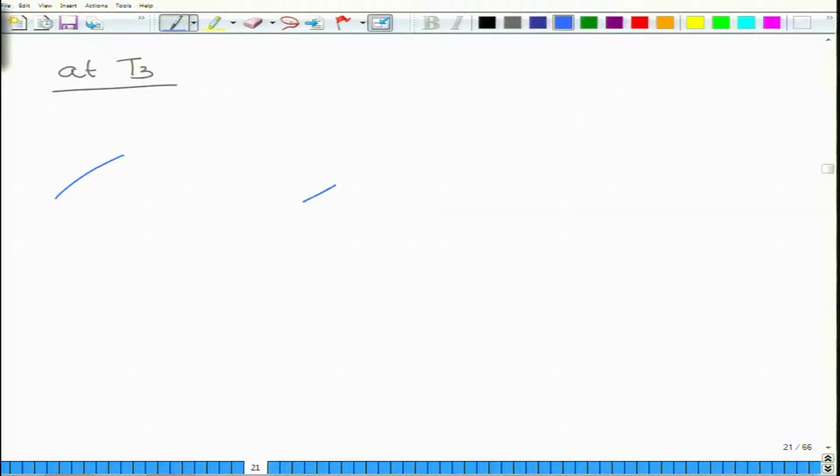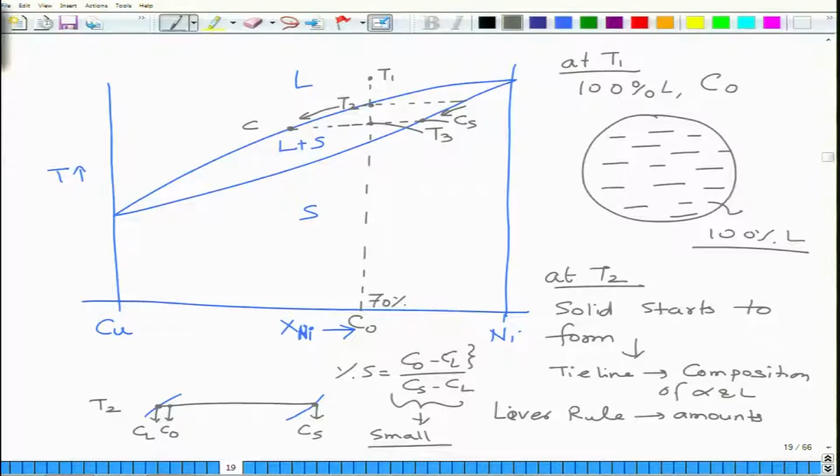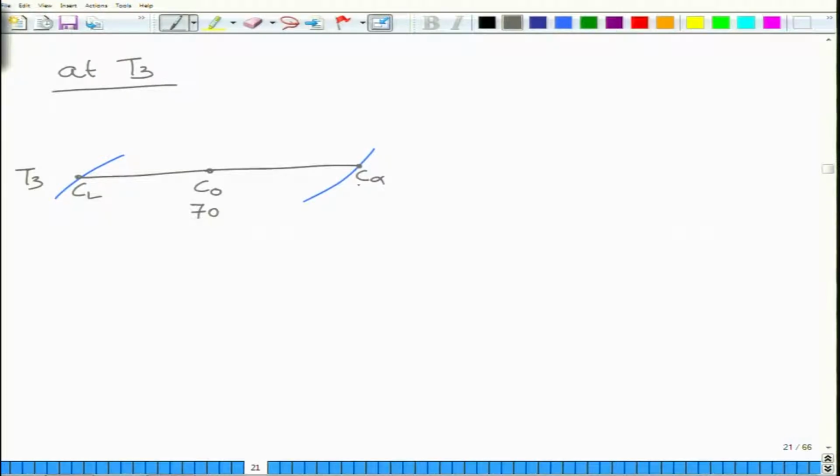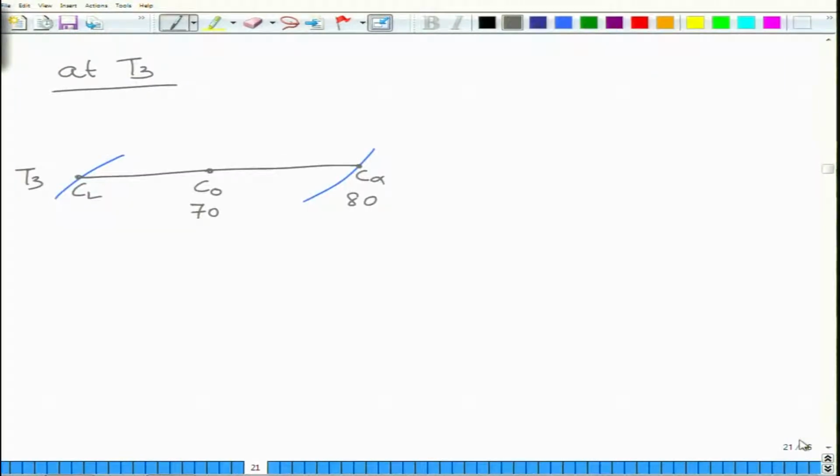So, at T3, if this is the zoomed up view, this is at T3 and this is C naught, this is C alpha, this is CL. So, this was 70. Let us say first we took 85, let's say this turns out to be 80. Okay, if this is 80 and this turns out to be, let's say, I don't know, 60.